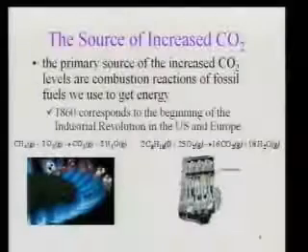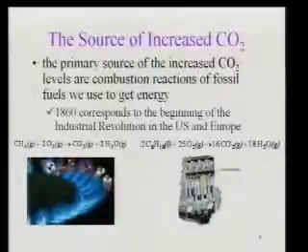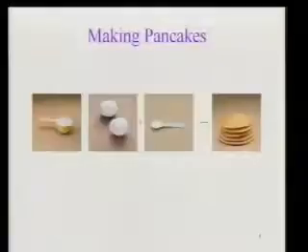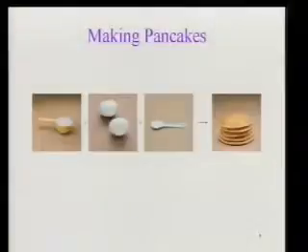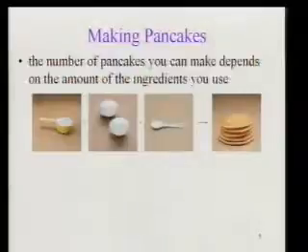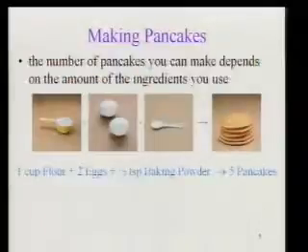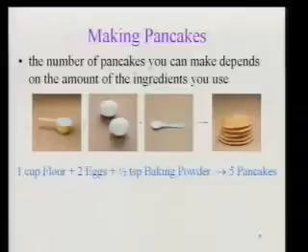So let's take a look at this. Now this is a basic definition, but let's illustrate something. We've already established that I don't cook very well, but take this. This is an ingredient. Just use this. Go with me here. Let's say these are the ingredients to make pancakes.